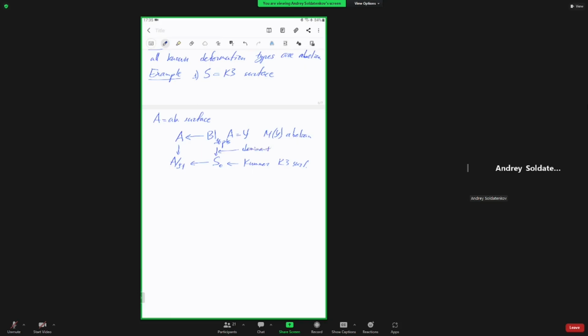So this is already enough to conclude that the motif of S0 is contained in the motif of Y. So it is also abelian. Then you can apply this theorem and conclude that for all other K3 surfaces the motifs are also abelian, because it is known that all K3 surfaces are deformation equivalent as complex surfaces.